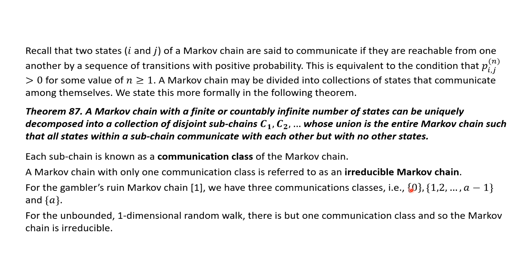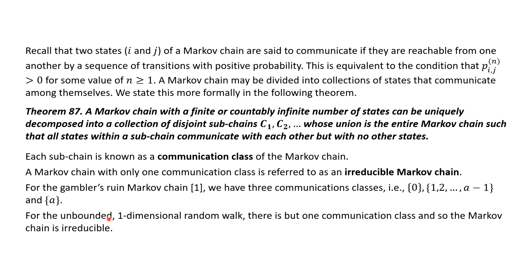So this is an absorbing state. Then that one person could oscillate between having won and losing $1. But if that particular gambler gets up to $8, that means the other person just lost all his or her money. And again, this is another absorbing state. So you have three communication classes: 0, then from 1 to A minus 1, and then just A, the total number of dollars being owned by one of the players.